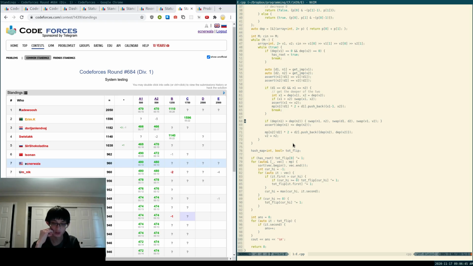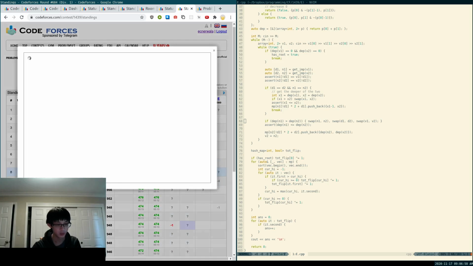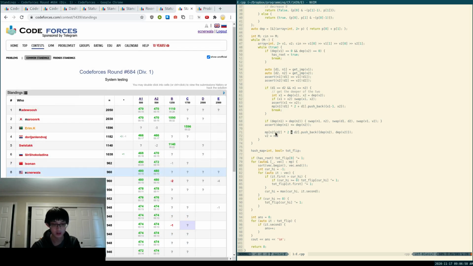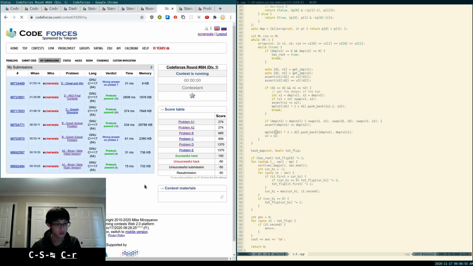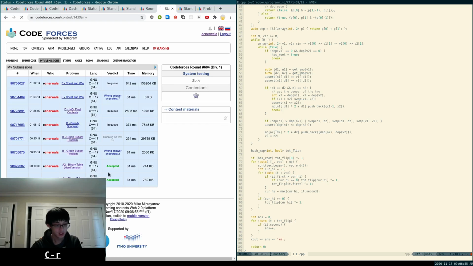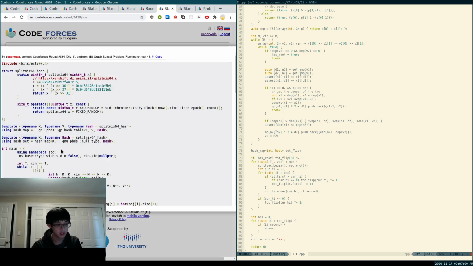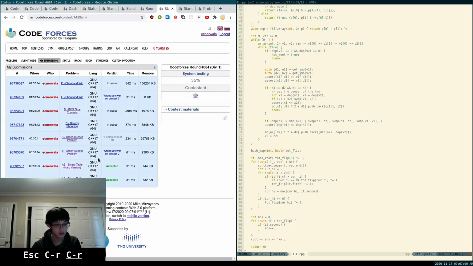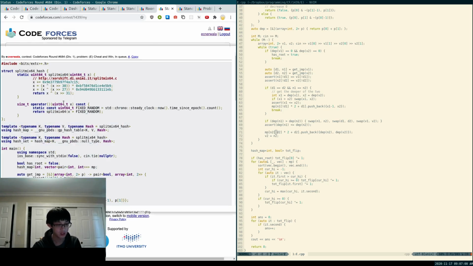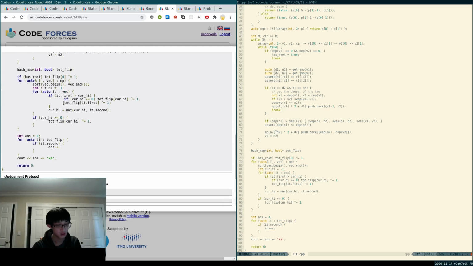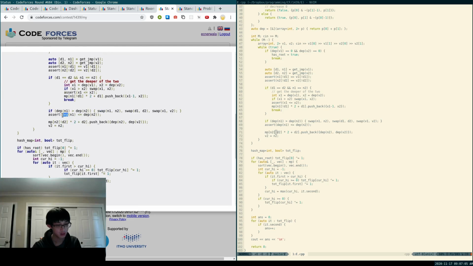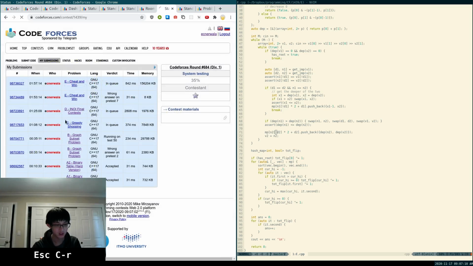I think my code is gonna fail. I don't know why I didn't realize that, but I really should have just put the entire location into the cell. Uh-oh. I think my E is gonna fail. It's surprising that it passed pretests, but I don't think I included enough data.